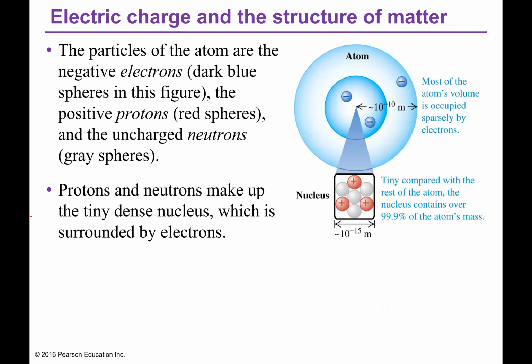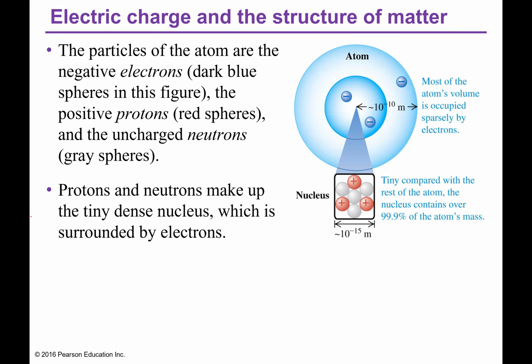Okay. Now, here we have the basic atomic model that we usually use in chemistry or in some kind of science class. An atom consists of 3 particles: electron, proton, and neutron.